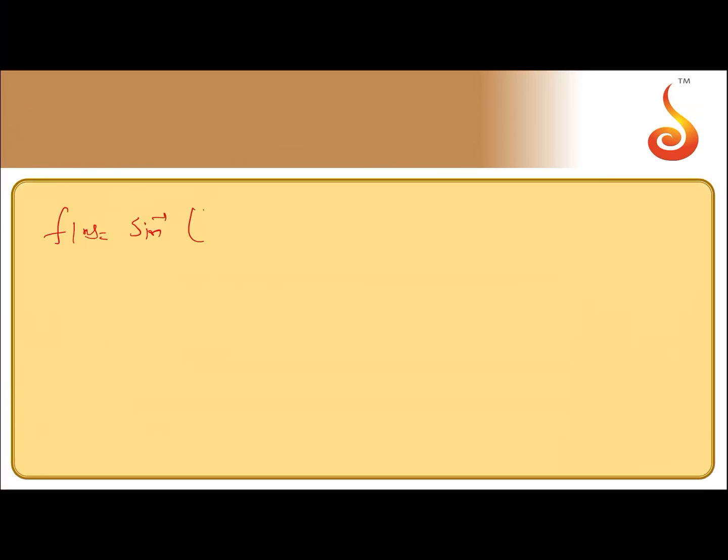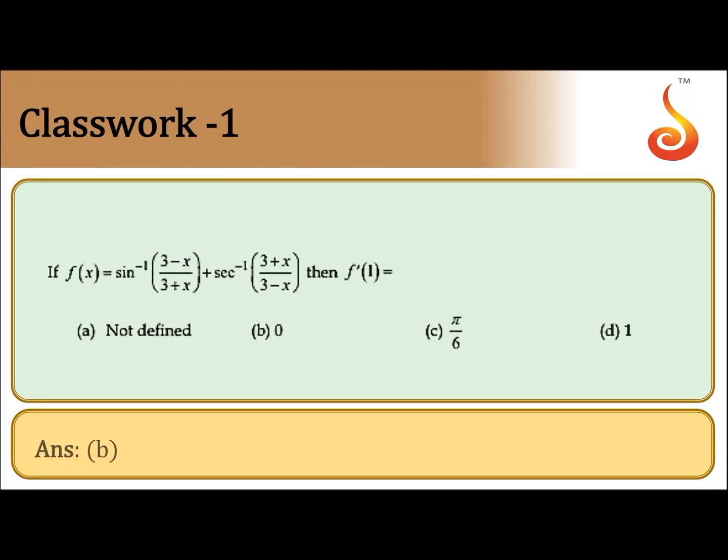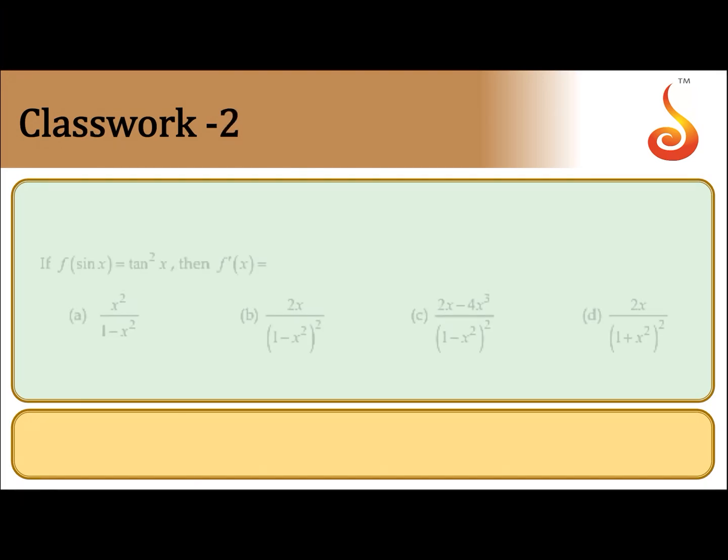Can't you write this as a cos inverse of the same function? Sine inverse plus cos inverse is pi by 2. Therefore, the derivative is equal to 0. So the answer is 0. Yes. Coming to the next one.